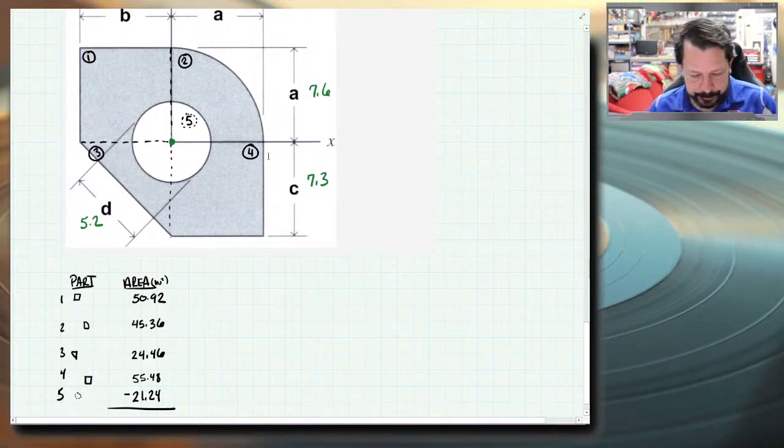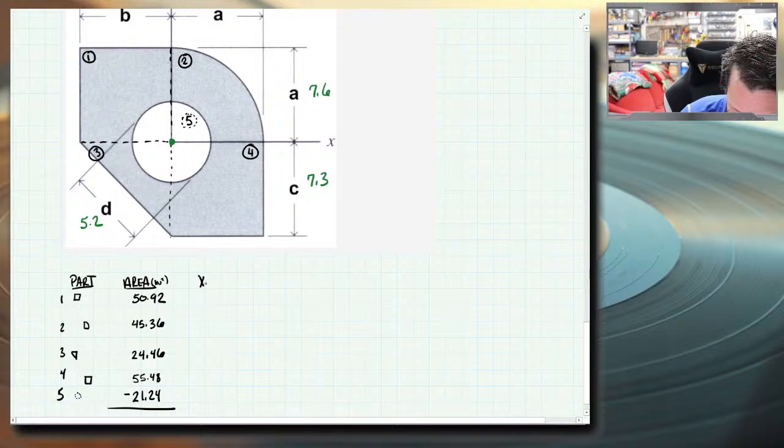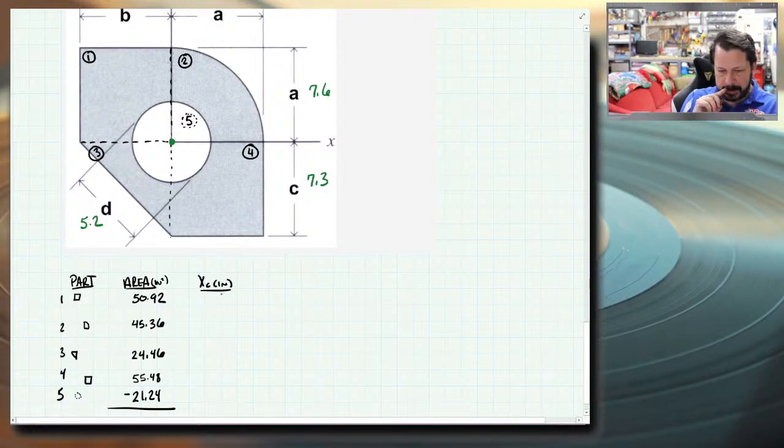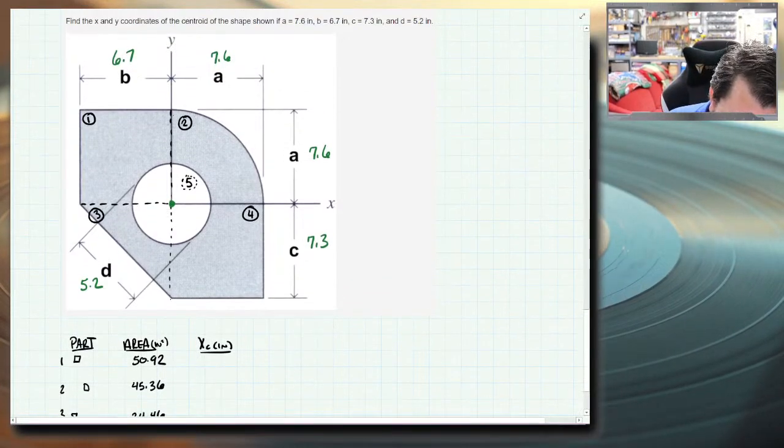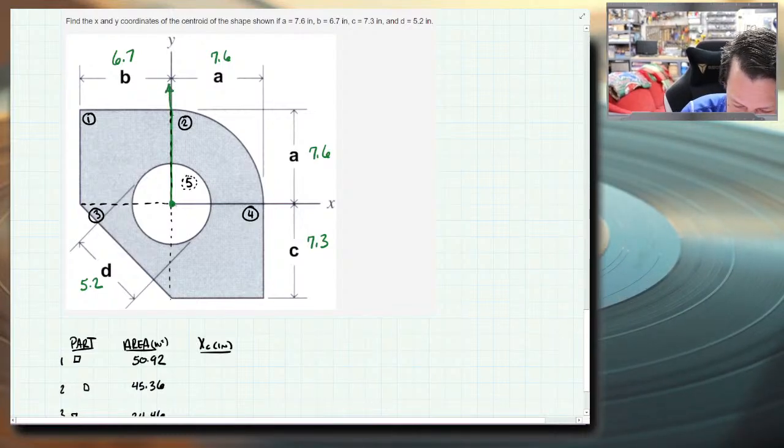All right. So let's do the x coordinate of each of these pieces. So the x coordinate of part 1. It's important to note that the y-axis is right here, and the x-axis for this diagram is right here.